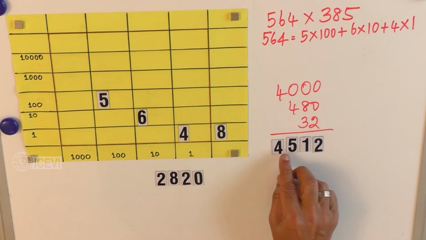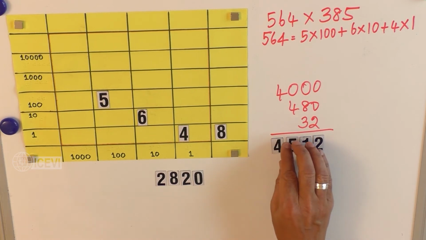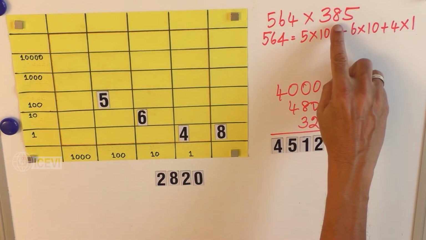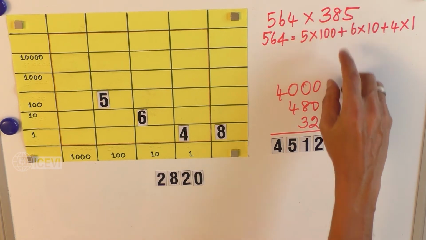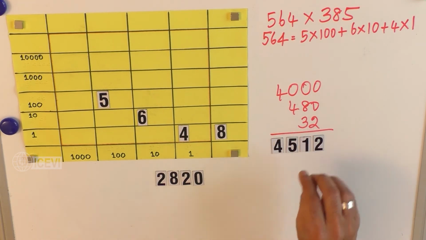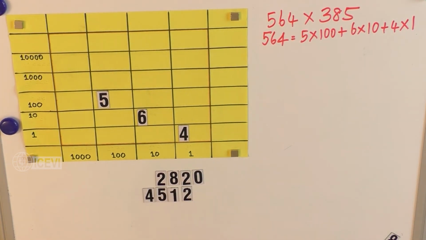So the value is 4512. Now you have to place this with the already multiplied value. Now as 8 is one column to the left of 5, then the multiplied value should skip one column in the right. Now we have to go for 3.